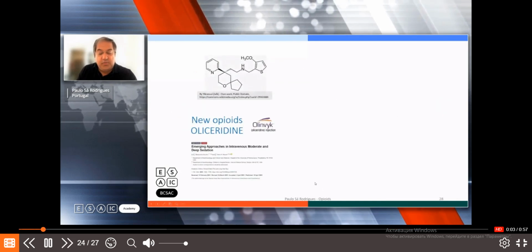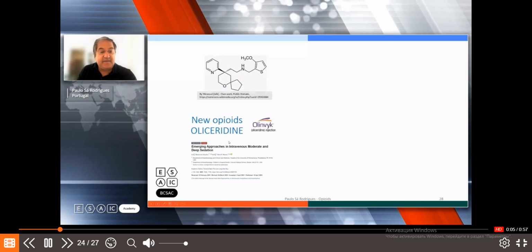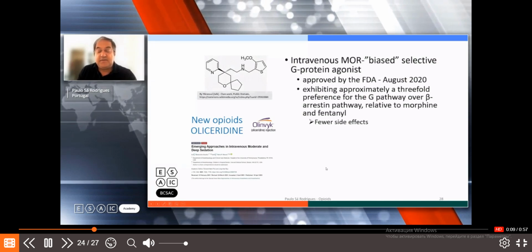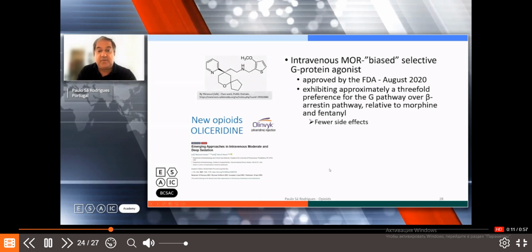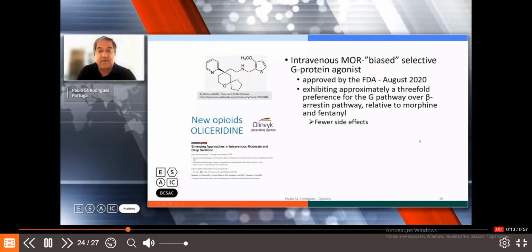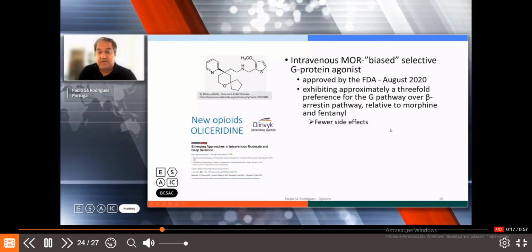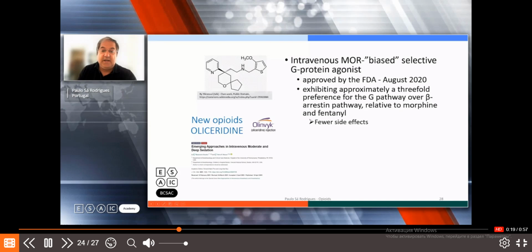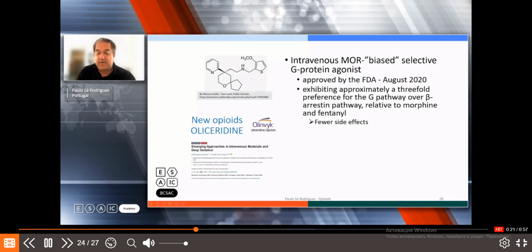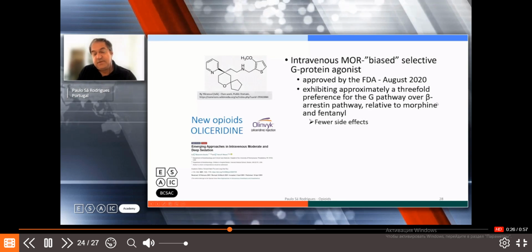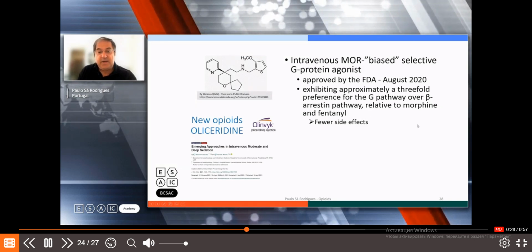So new opioids such as the biased opioid oliceridine have been introduced into clinical practice in August 2020. It exhibits approximately a threefold preference for the G pathway, the left pathway I've mentioned, over the right pathway, the beta-arrestin pathway.